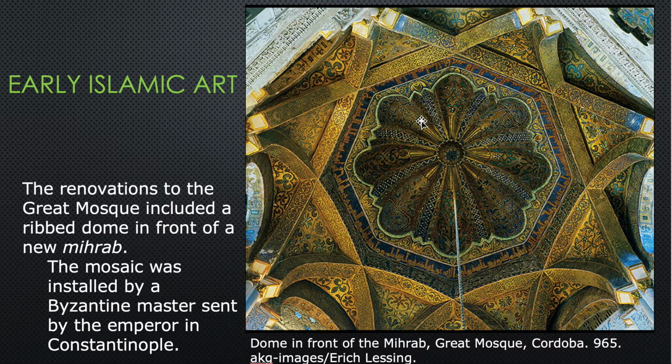I don't believe we've seen anything like this before, where it's constructed of these various curved sections that are all covered with tiles and mosaics of gold and blue, and no figures. Some vines over here is about as close as you get to anything representing anything in the real world. And these ribs that cross each other, just absolutely gorgeous and stunning. So this is the ribbed dome in front of the mihrab.